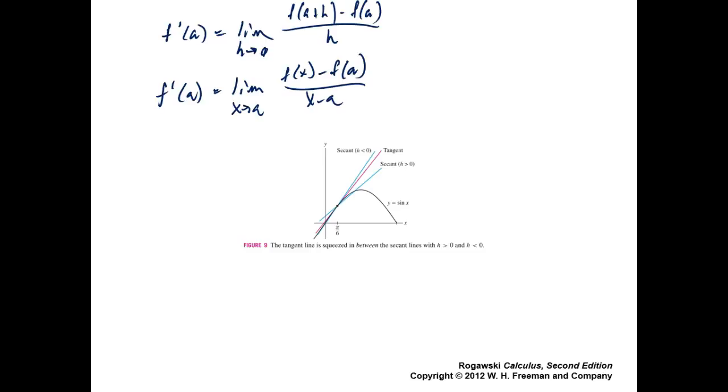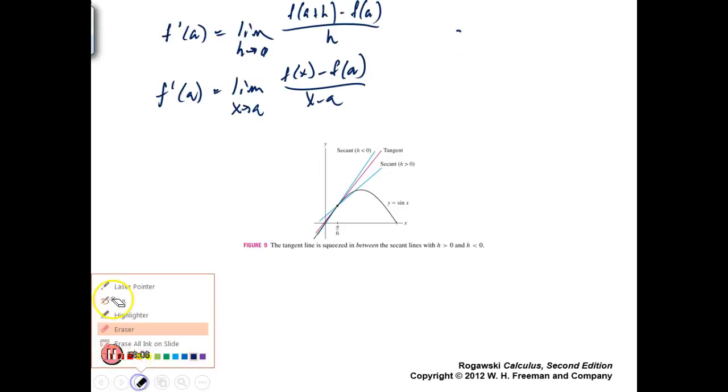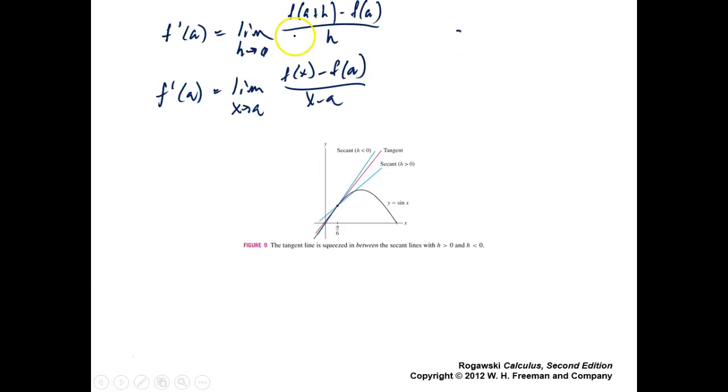That stays the same, but then the h here, if, like I just said, no, sorry, set it backwards. Okay. What we did here is x is equal to a plus h.